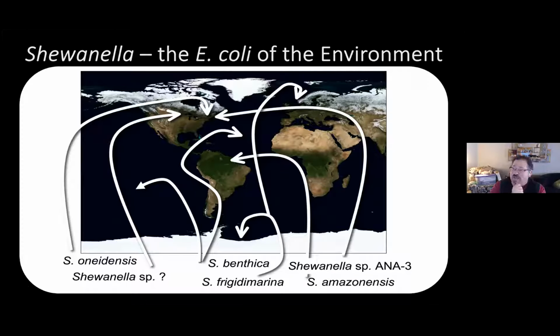These bacteria are widely distributed in the environment, mostly in aquatic systems, mostly marine, although they can be found in freshwater systems. And their wide distribution, we think, is driven by two basic properties of these bacteria. One is they have a wide temperature range at which they can grow.